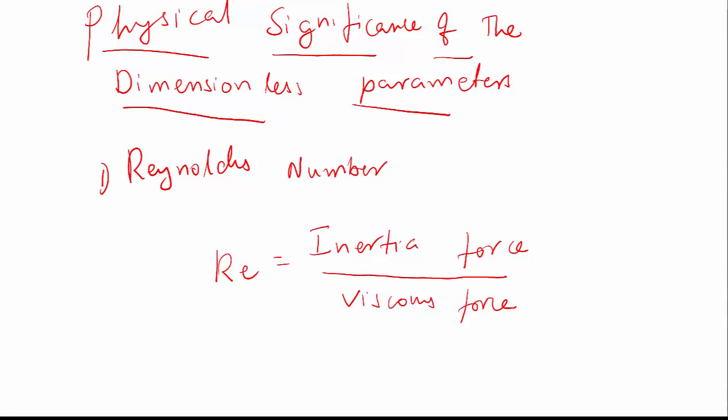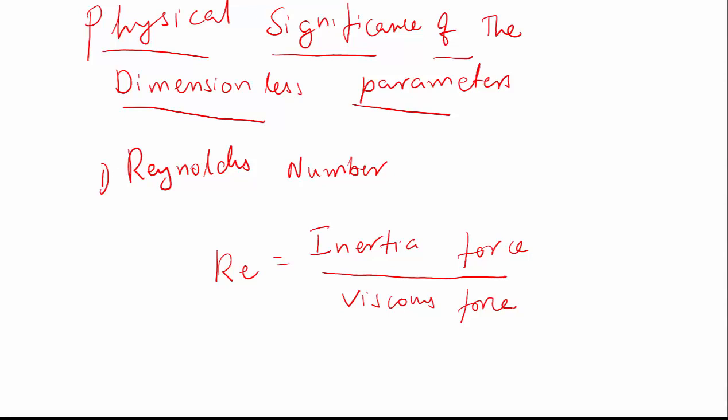Therefore, if a particular fluid is having lower viscosity, the Reynolds number is higher for the same condition. For the same situation, one fluid has lower viscosity and another fluid has higher viscosity. Therefore, the Reynolds number for the lower viscosity fluid is higher and the Reynolds number for the higher viscosity fluid is lower. For the same situation, the one difference is the two different fluids.